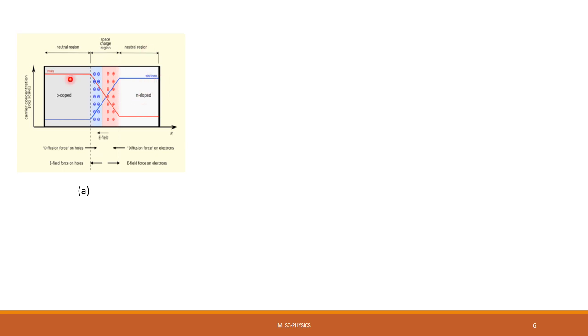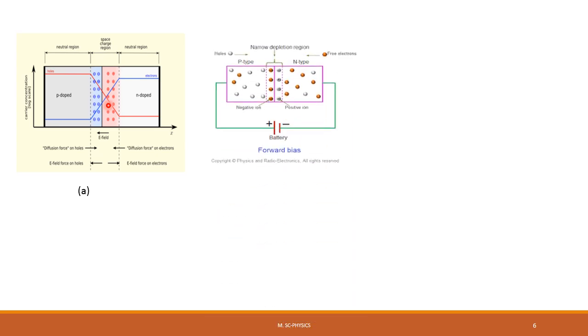This is the n region and this is the p region. Therefore, the concentrations of electrons and holes will gradually increase or decrease, and the space charge region will gradually increase or decrease, depending upon the applied voltage. This is called the forward bias condition.